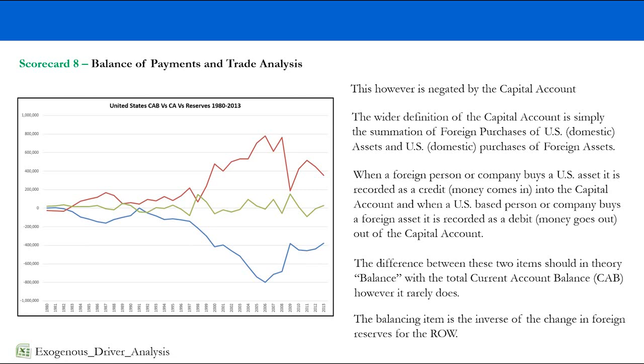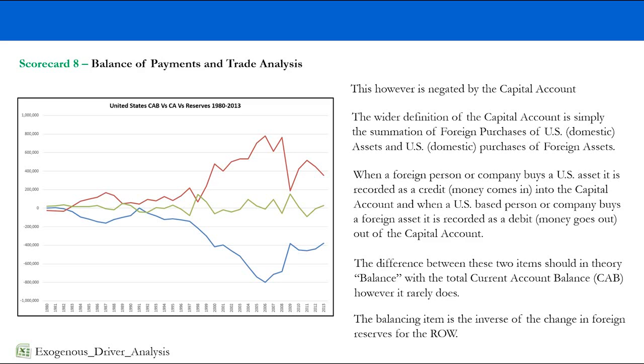The wider definition of the capital account is basically the summation of foreign purchases of US domestic assets and US domestic purchases of foreign assets. So basically, when a foreign person or company buys a US asset in the United States, they pay for it in dollars. It is recorded as a credit.